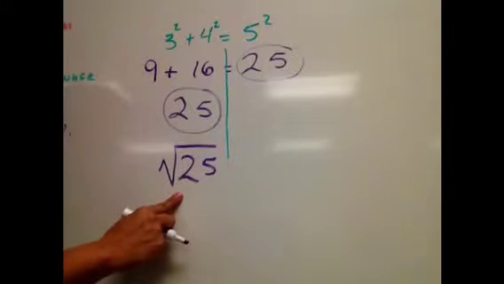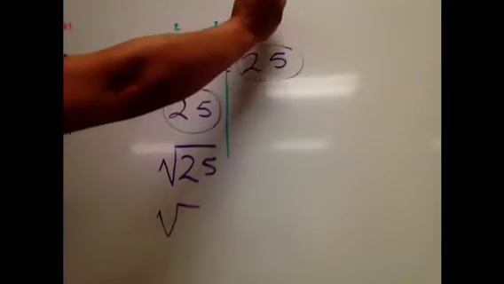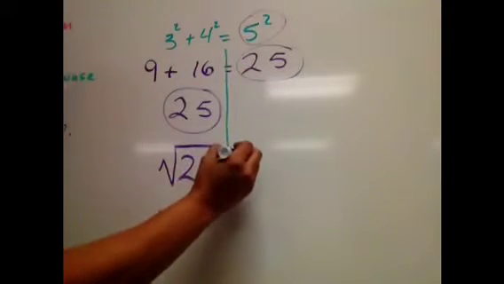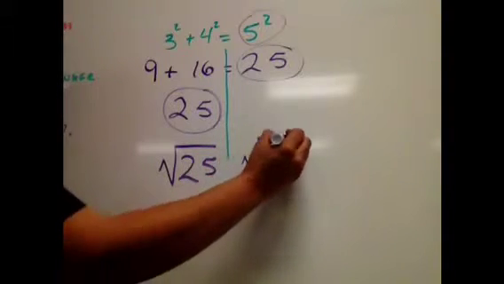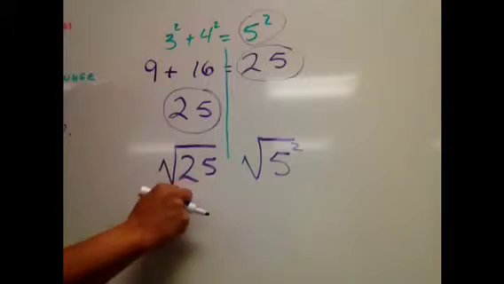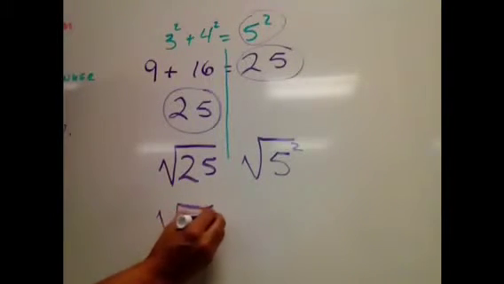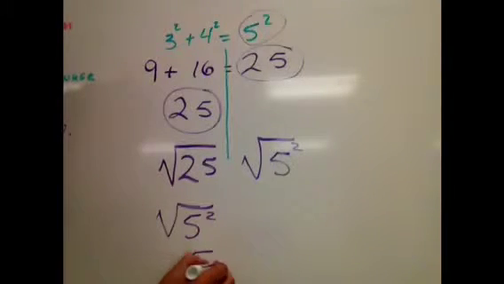Remember, the square root of 25 is the same thing as this side over here. Square root of 5 squared. Remember, 5 times 5 gives me 25, right? 5 times 5 is the same thing as 5 squared. Each side would have to equal 5.